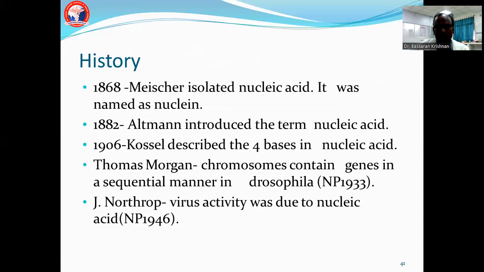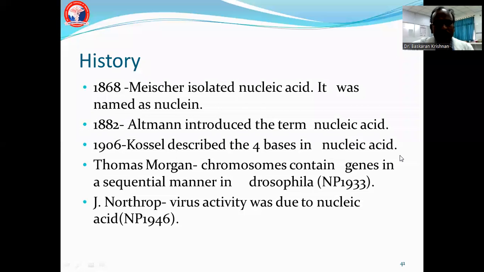History. When we talk about nucleic acids, in 1868, Miescher isolated nucleic acids and named it nuclein. In 1882, Altmann introduced the term nucleic acids. In the early 20th century, Kossel described the four bases of nucleic acids.